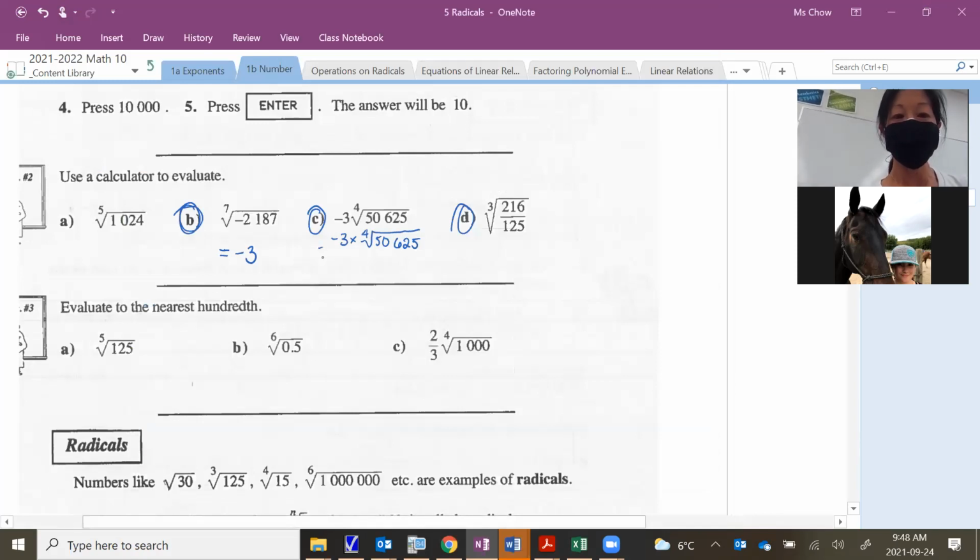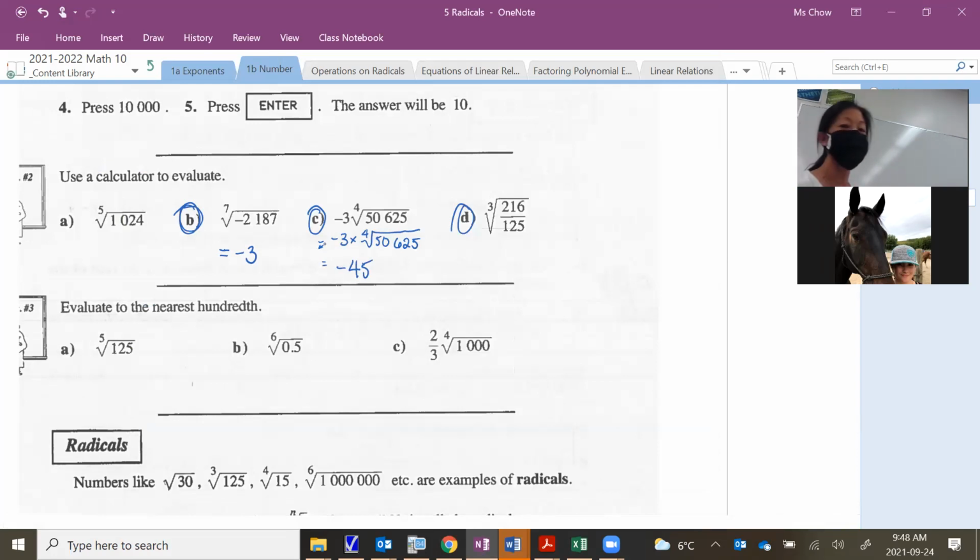This should be -45. And if you're not getting that, try putting in the times here. So -3 times the 4th root, or you could do the 4th root of 50,625 times -3.